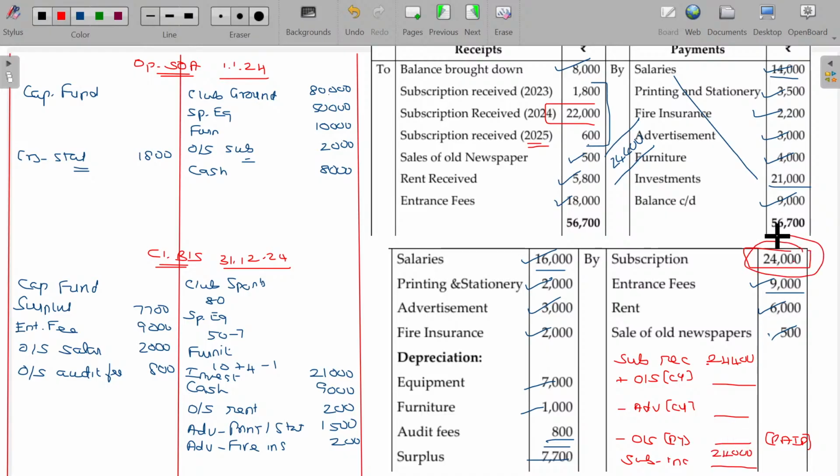Current year subscription 24, but current year related subscription received is only 22. What does it mean? 2,000 will be the outstanding of the current year. Outstanding of the current year being the asset. So outstanding subscription. Okay. Outstanding subscription.